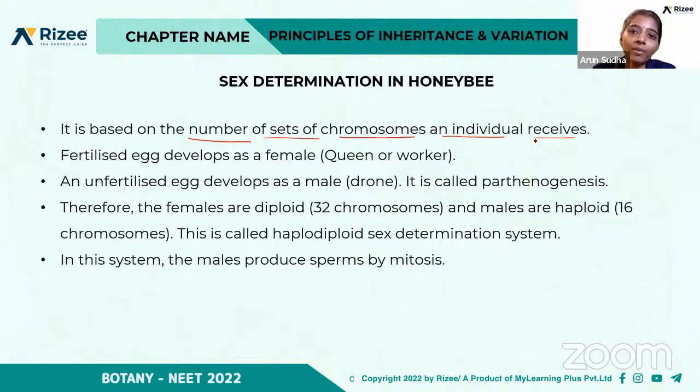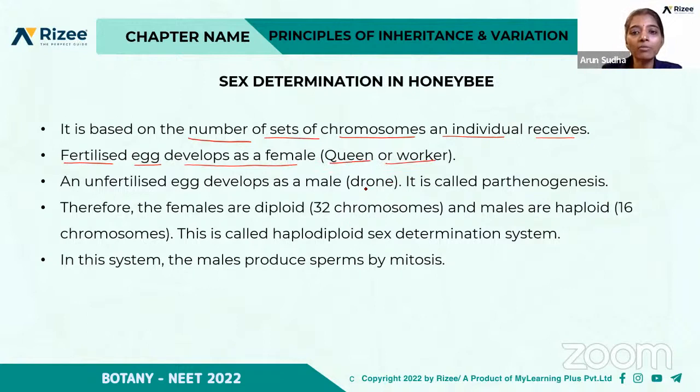But here in the case of honeybee, the number of sets of chromosomes an individual receives determines the sex. Right? So in the case of a fertilized egg, it develops as a female. After fertilization, the egg fuses with the male gamete and forms a zygote, and it develops into a female that is called the queen or a worker.